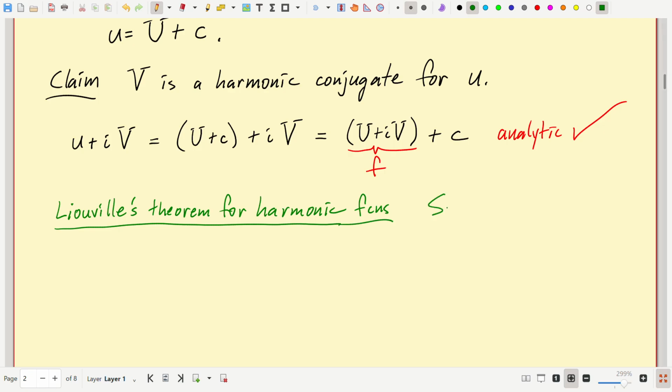So let's suppose u is harmonic on the whole complex plane, on C, and bounded there. Then it's constant.